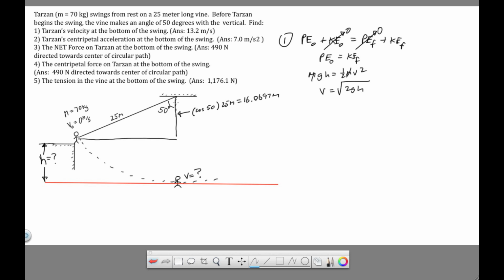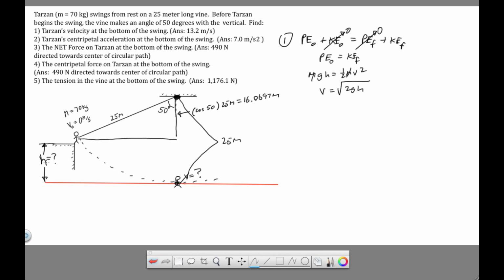Then, from where the rope connects to the branch down to the lowest point, the total distance is 25 meters.